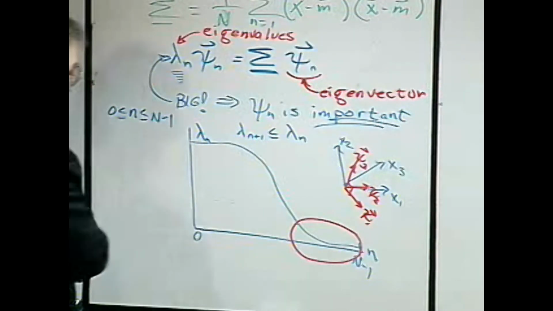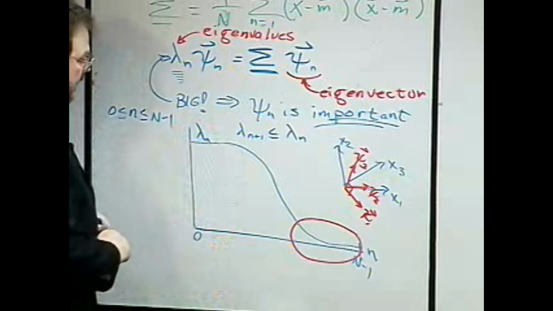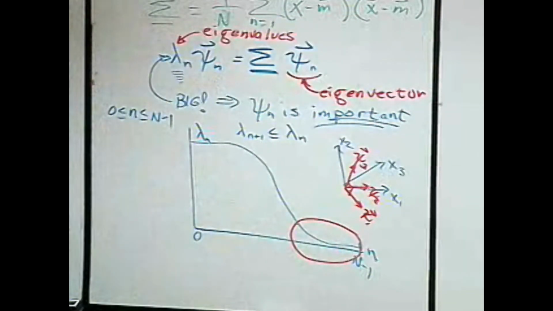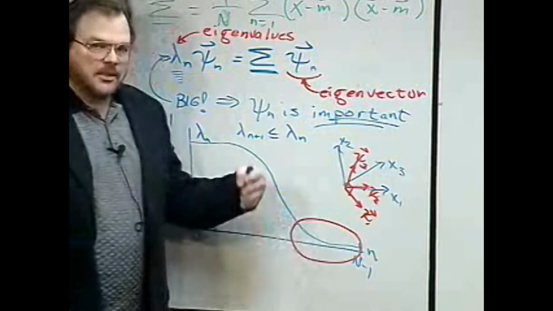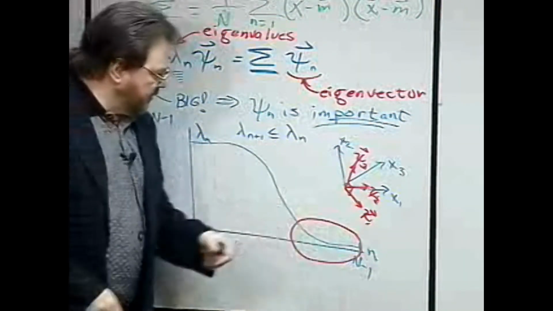Thus, we make an engineering judgment about what we can ignore, because usually it isn't a clear-cut unit step. They just go down. The more you choose, the better the representation, but the more features you have.